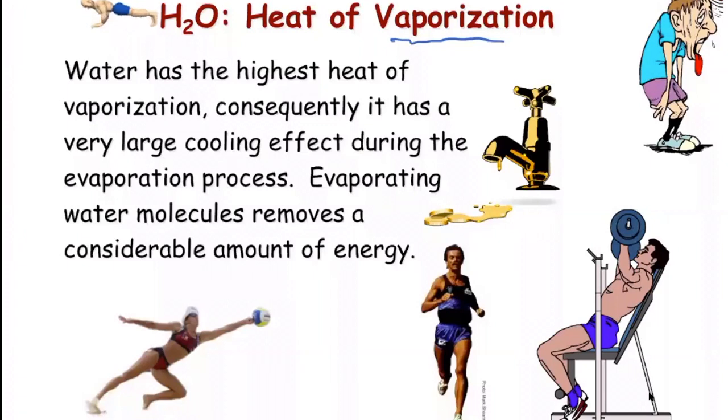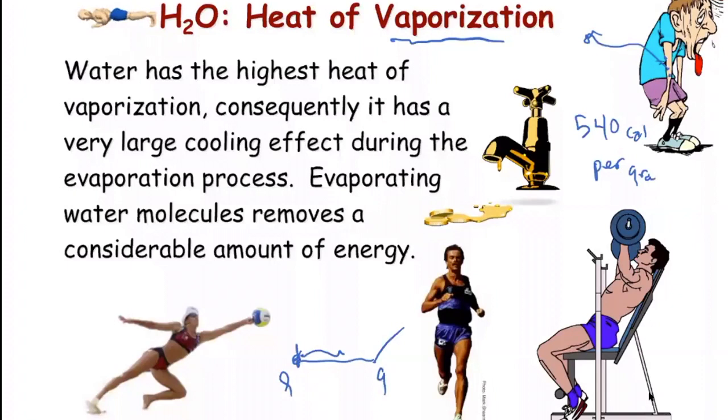When you perspire, there's water droplets on your skin. And as those water droplets evaporate, it's taking away 540 calories per gram. Remember that in order to take water from the liquid to the gas, it costs 540 calories. That's the heat of vaporization.